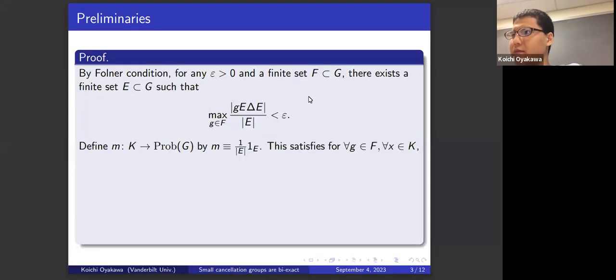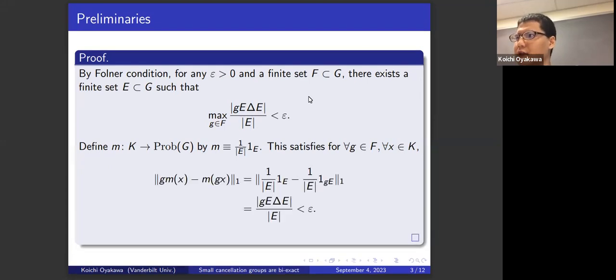Then for any element of the finite set and any element of the compact space, when we directly calculate the L1 norm of the difference, because this M is a constant map, M of x and M of gx are the same element.